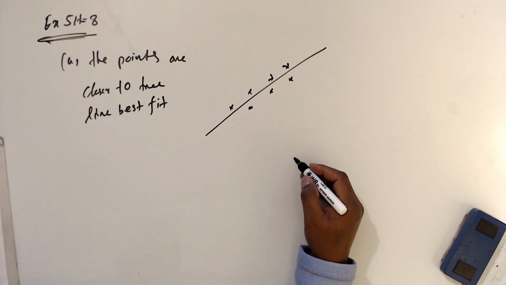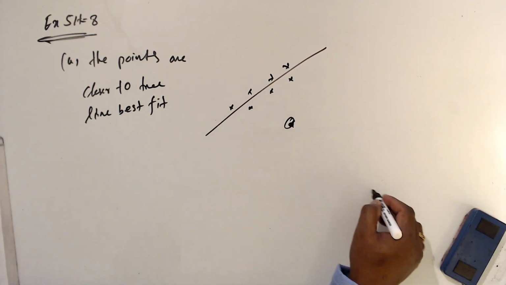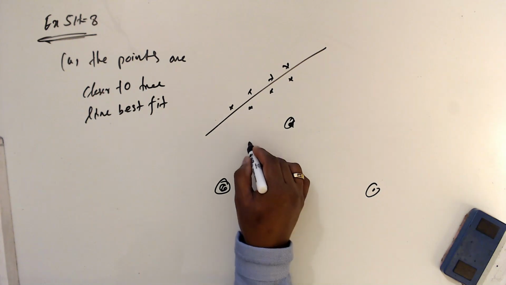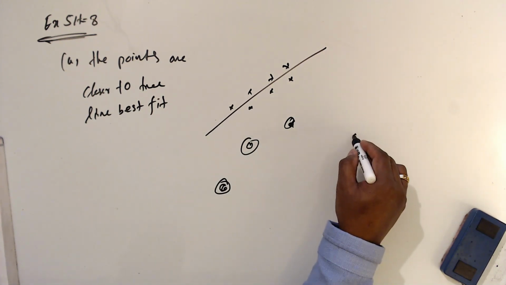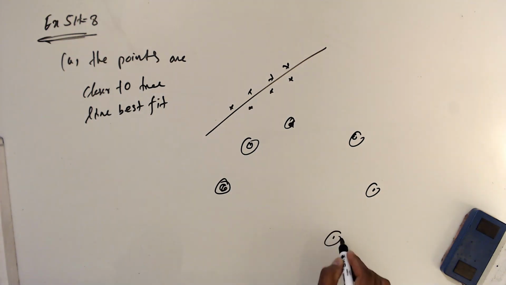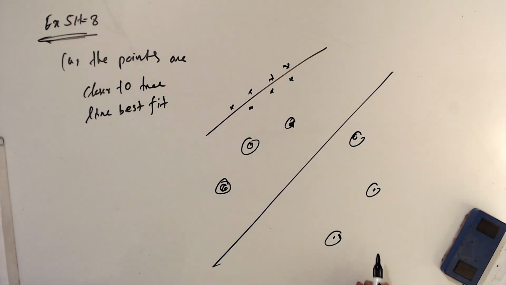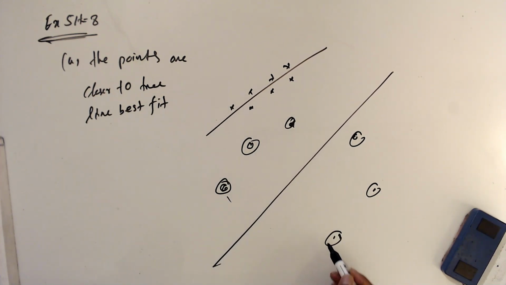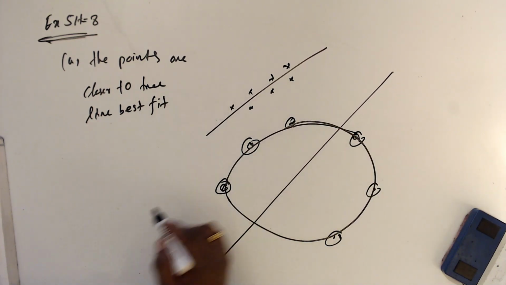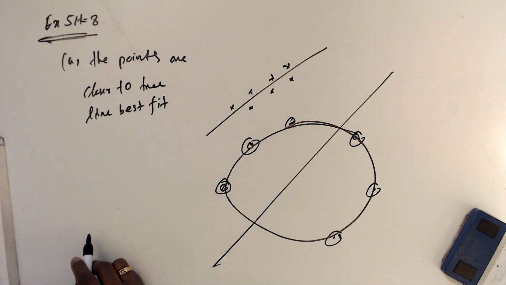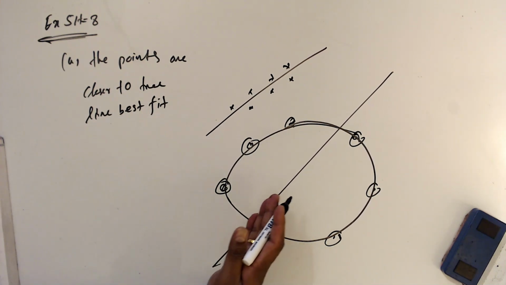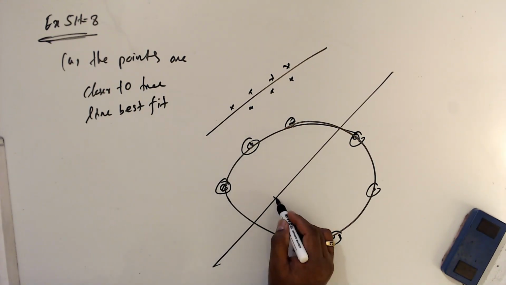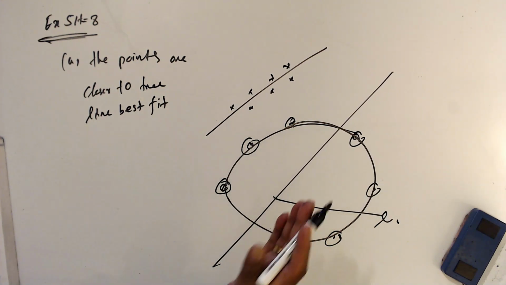Assume that there are a few other points here, here, here, here, here. I can make a line of best fit like this. But these points are not close to the line. The line of best fit should be a circle actually. So in that case, the linear model, yes, we have the line of best fit, but the linear model is not the best model.